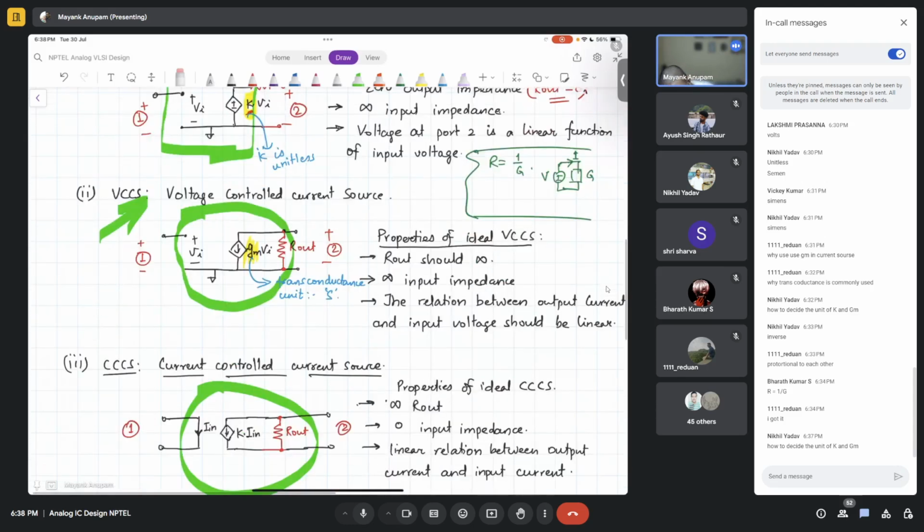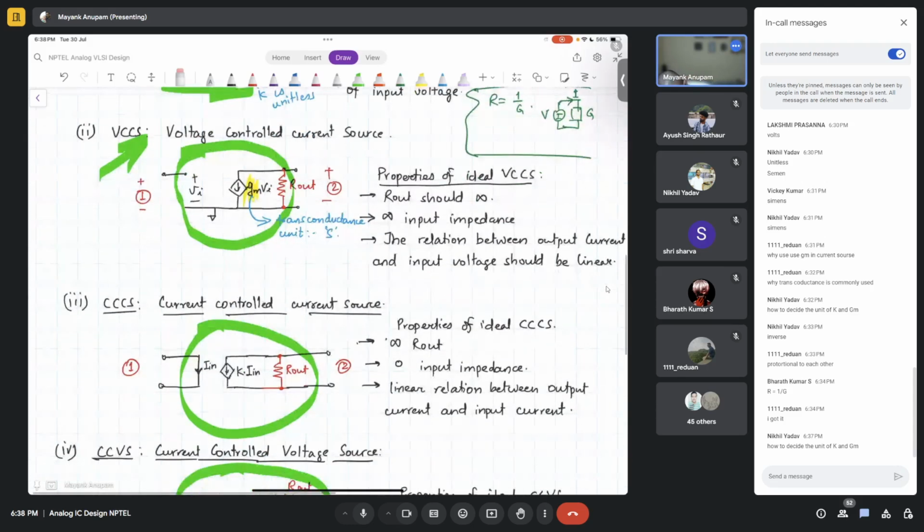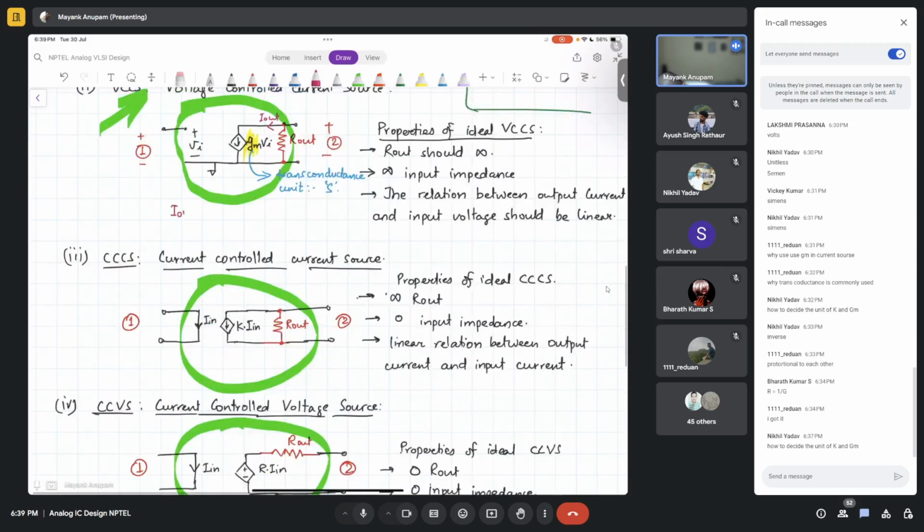Whereas in the second case, the output here is current. I out is equal to Gm times Vi. So the left hand side dimension is ampere, or current, right?